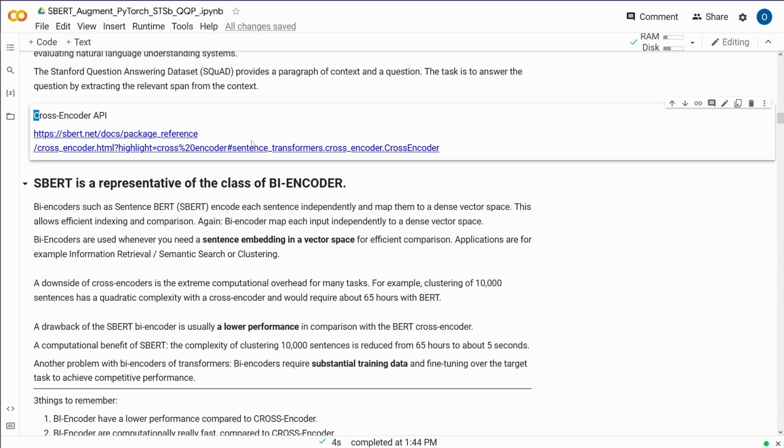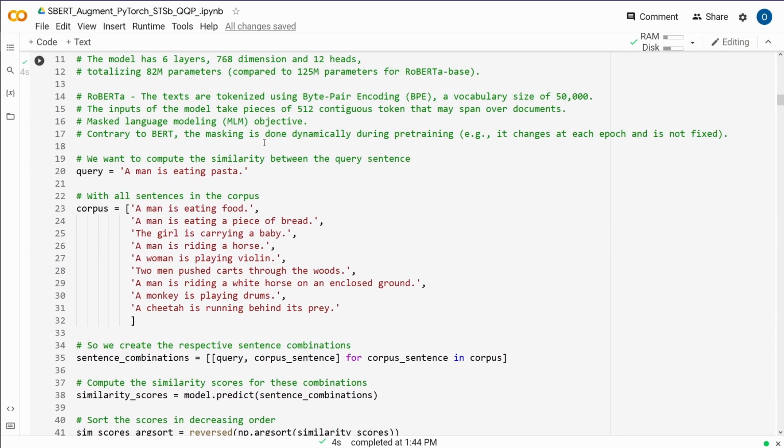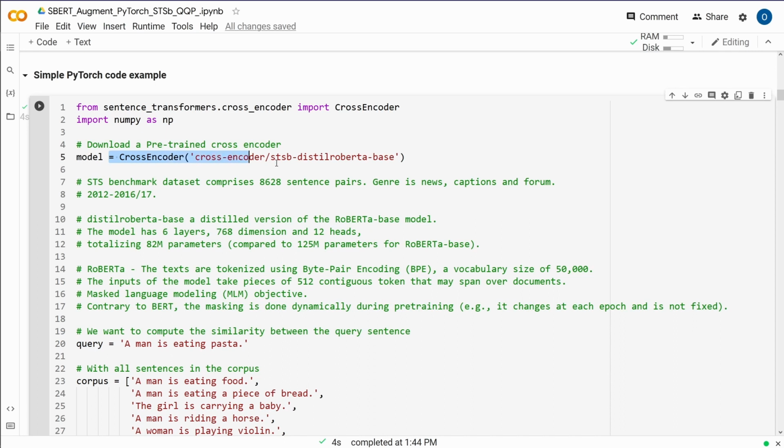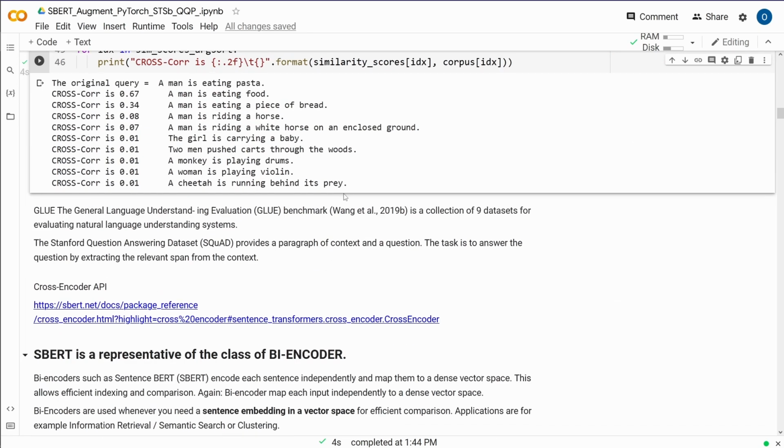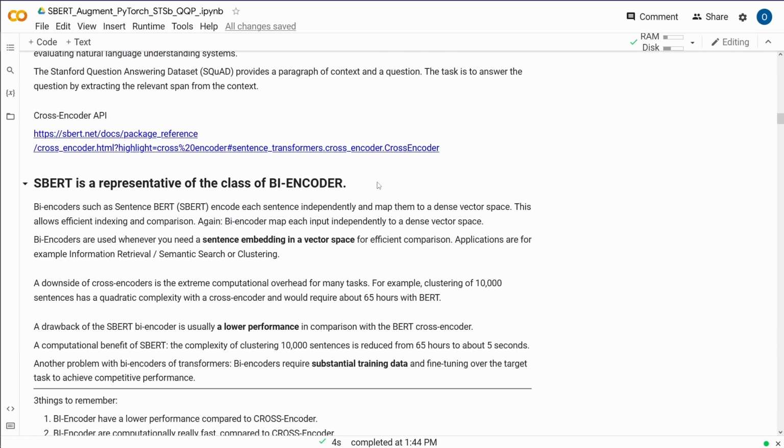Beautiful. This is our cross-encoder. We used our cross-encoder API, and you see this is the simplest example if we have a pre-trained cross-encoder. Now, if you have some specific data set, you can train your cross-encoder yourself. But before we do this, I want to reflect on the strength of the Bi-encoder.